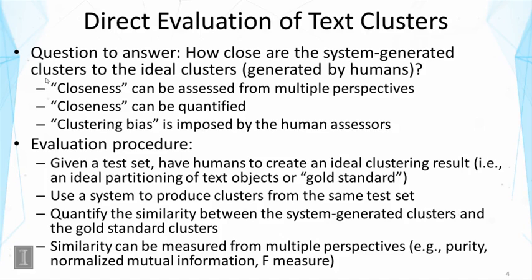And normalized mutual information is a commonly used measure, which basically measures, based on the cluster of an object in the system-generated results, how well can you predict the cluster of the object in the gold standard, or vice versa? Mutual information captures the correlation between these cluster labels, and normalized mutual information is often used for quantifying the similarity for this evaluation purpose. F measure is another possible measure.